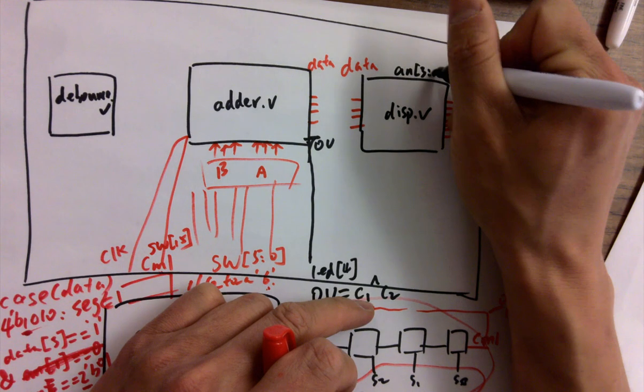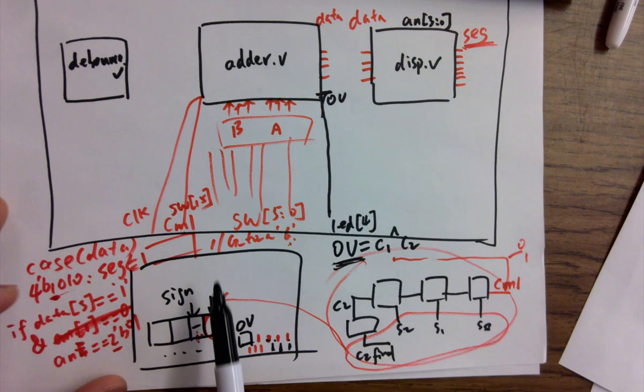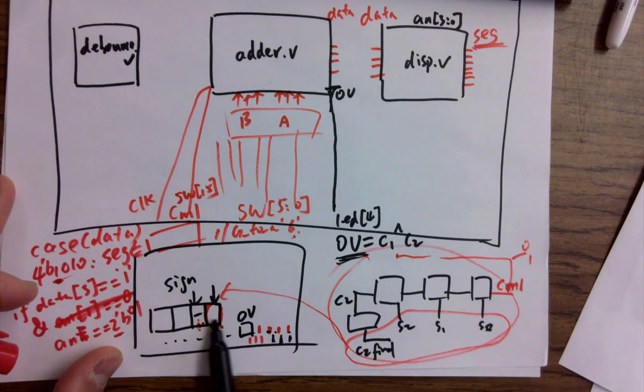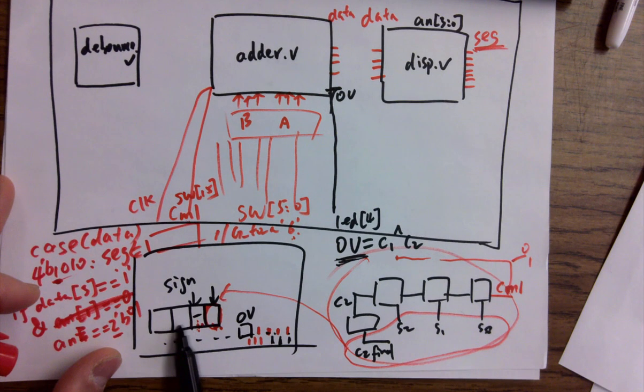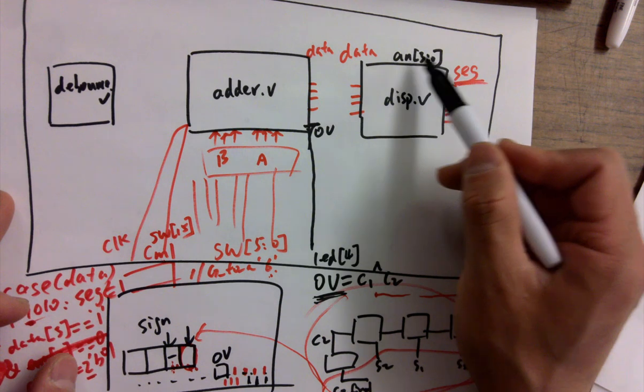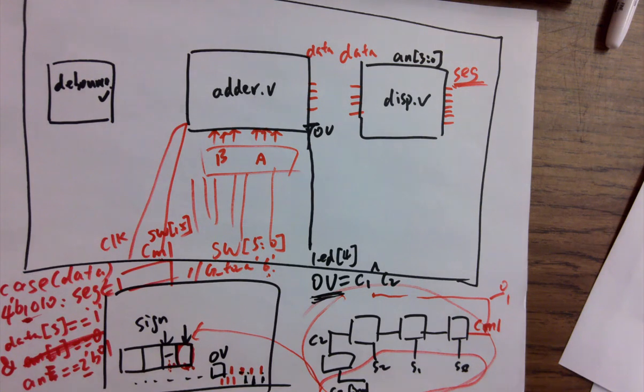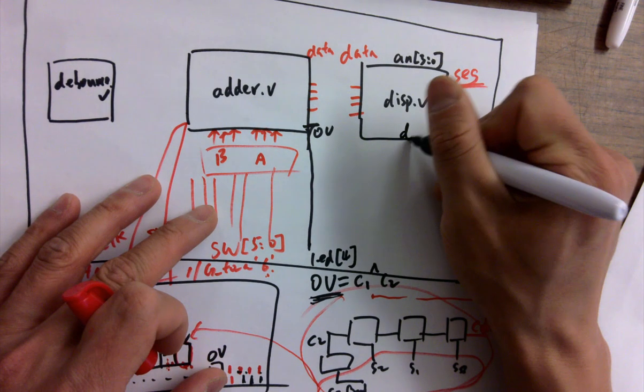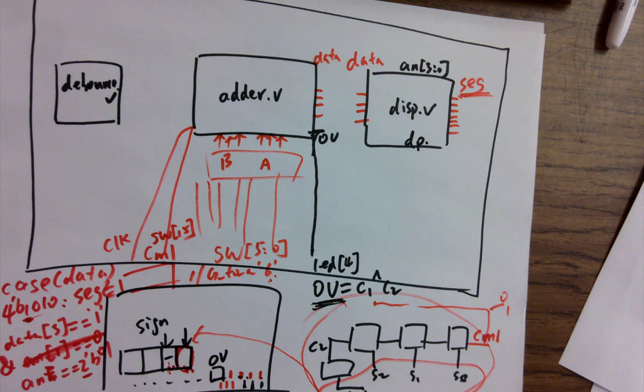That's 3 to 0, even though you only need 2 bits because only these 2 bits are being used for the display. But you can claim all of the 4 bits. And the DP is not being used, we just turn it off permanently. And I think that's it.